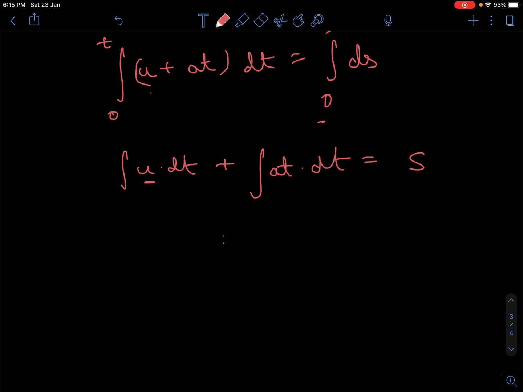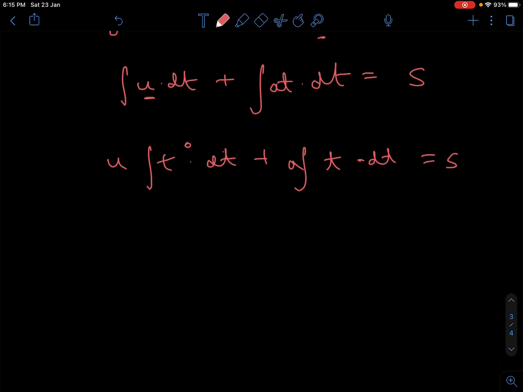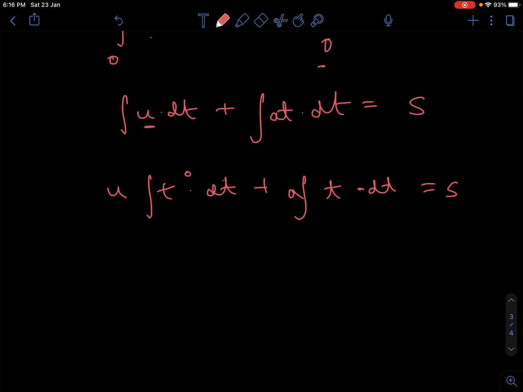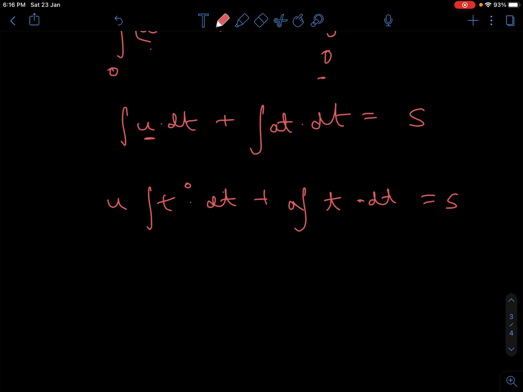So u will come outside, and it becomes u times integral of t to the power 0 dt, plus a times integral of t dt, equal to s. And please don't forget to put the limits, 0 to t.